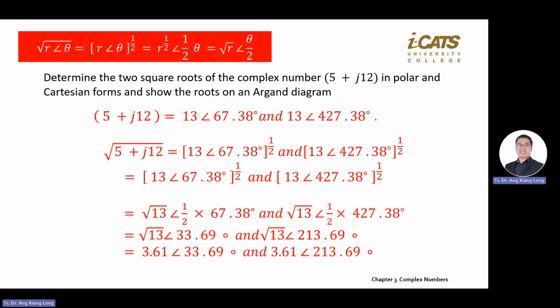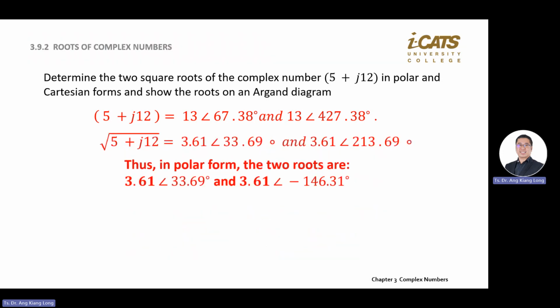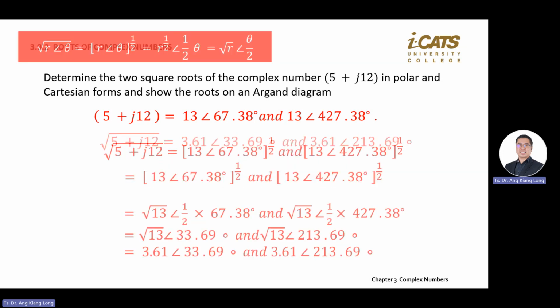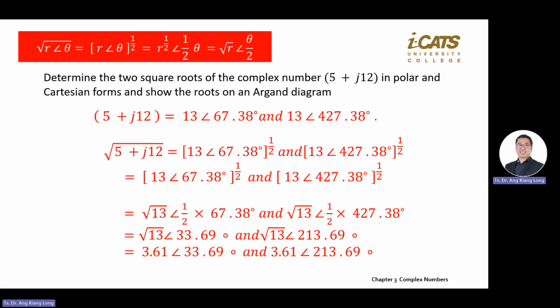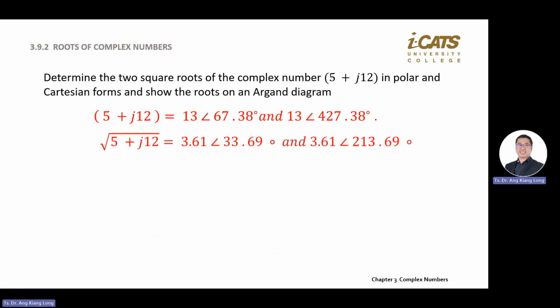Do I carry the wrong head? Yeah, square root. Correct. So my PowerPoint slide actually should be square root 13. So there's a typo error. It should be like this.